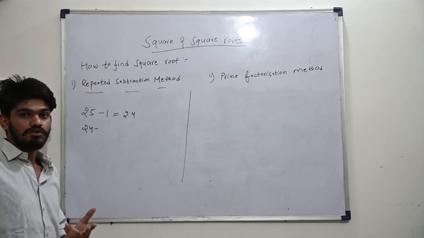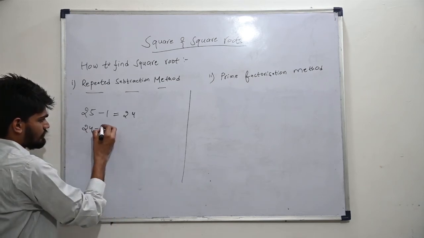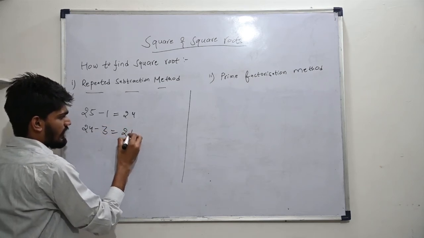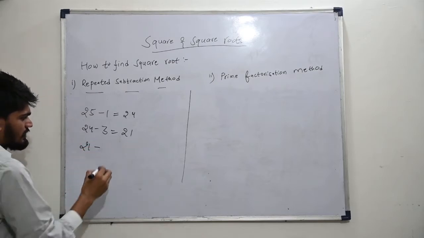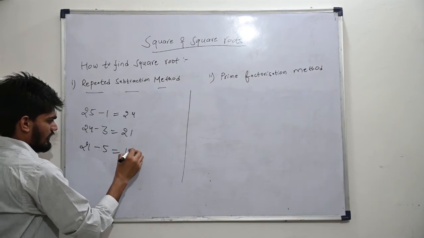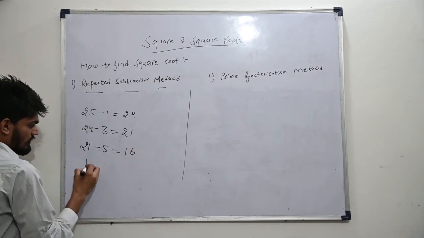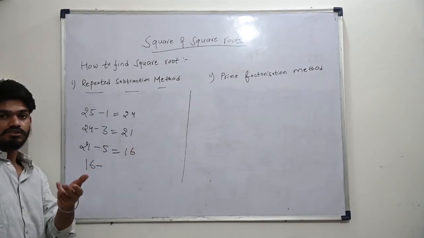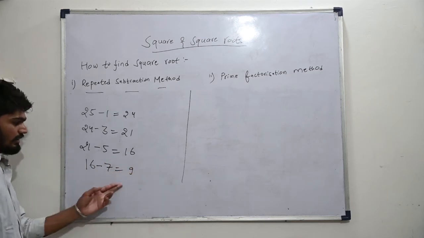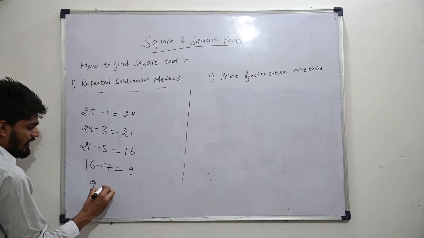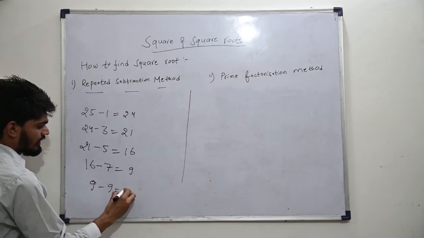After 1 I have next odd number 3. 21 I get. 21 I will write here. Next odd number I will subtract 5. I get 16. 16 I will write here. Next odd number I will subtract 7. I get 9. 9 I will write here. Next odd number I will subtract 9. I get 0.